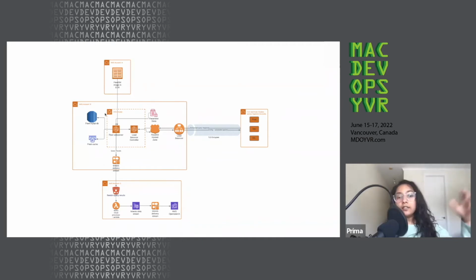Then there's another account where the Fleet web application is running at the moment, and all of the supporting infrastructure around it, such as the MySQL database and the cache instance and the load balancer and so on. All of that is running in this second account. And then there's the third account where we have our SIEM running.